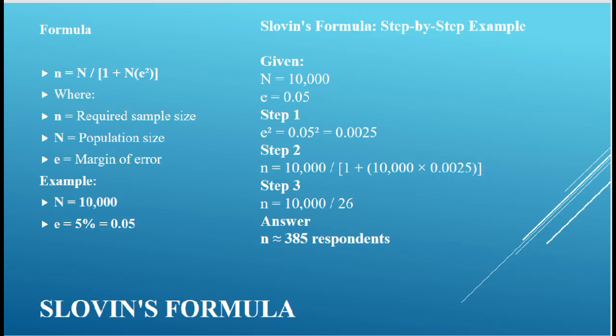Therefore, the denominator becomes 1 plus 25, which equals 26. Finally, 10,000 divided by 26 gives approximately 384.62. Because sample size must normally be expressed as a whole number, we round up to 385 respondents. So, according to Slovin's formula, the researcher should target approximately 385 respondents.